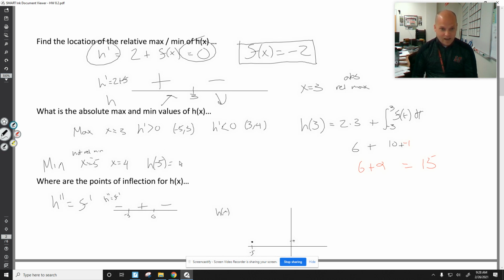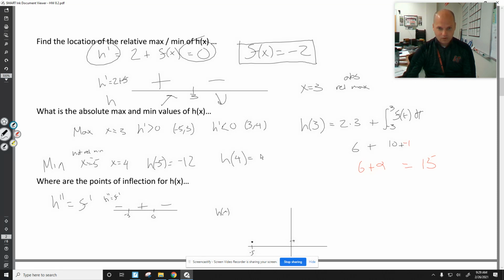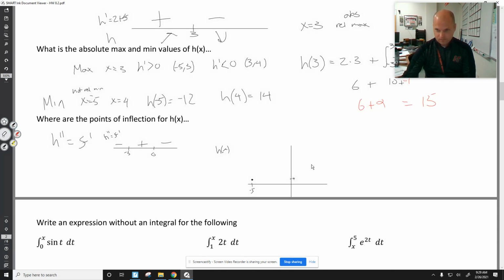I go all the way up to 15. And then I just go down a little bit to h of 4, which is 14. All right. So that's the number value. That makes sense. I'm adding a lot of area above that -2.